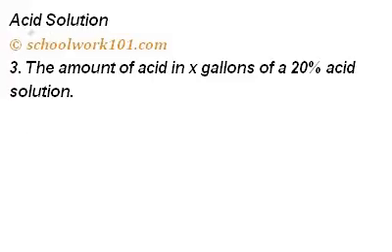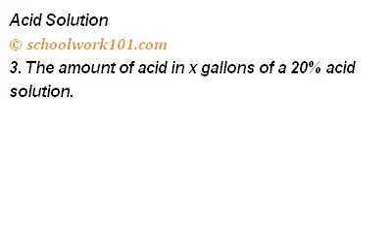All right, looking at this one here, this is an acid solution. We have the amount of acid in x gallons of 20% acid solution. So x is our unknown quantity, and we want to write the amount as some kind of relationship of the total amount and the x gallons. So 20% of the acid solution.